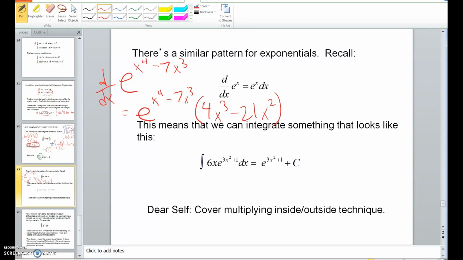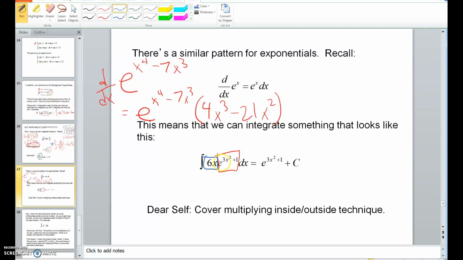So when we are doing integral problems, if we see an e in the integral, we're going to be looking to see, am I multiplying that e by the derivative of the exponent? And the example you see here is a case where we are. 6x is the derivative of 3x squared plus 1. So I have the exact pattern for the derivative of e here.